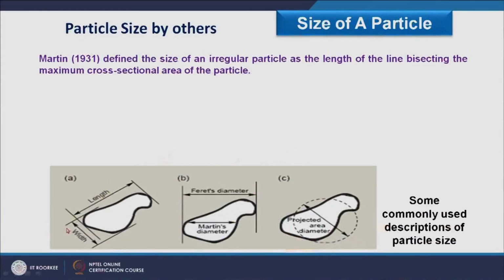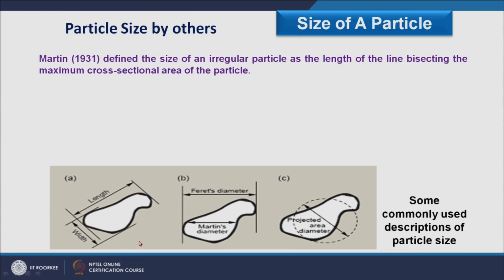Like Martin in 1931 defined the size of an irregular particle as the length of the line bisecting the maximum cross-sectional area of the particle. Now for example, if I am having this particle, this is the width of the particle, this is the length of the particle, it is quite irregular in shape.